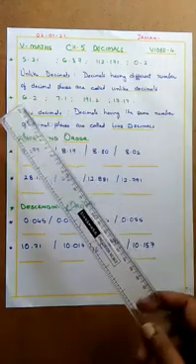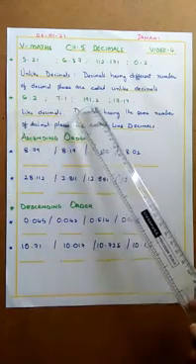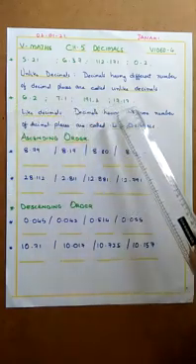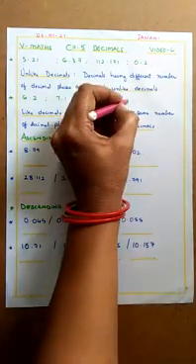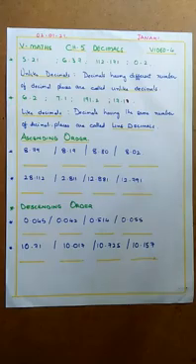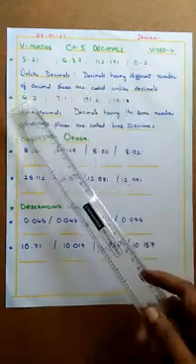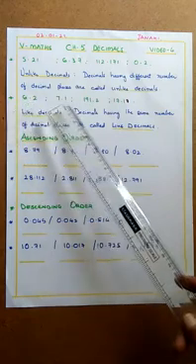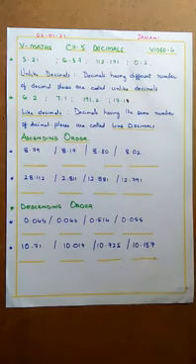Now if you see the next example, 6.2, 7.1, 191.2 and 17.7. Here all the decimals have only one place: 0.2, 0.1, 0.2 and 0.1. So there is an equal number of places after the decimals.